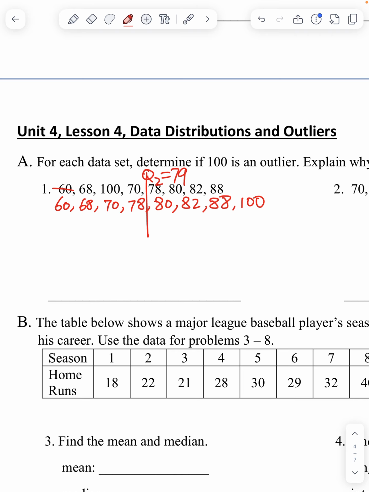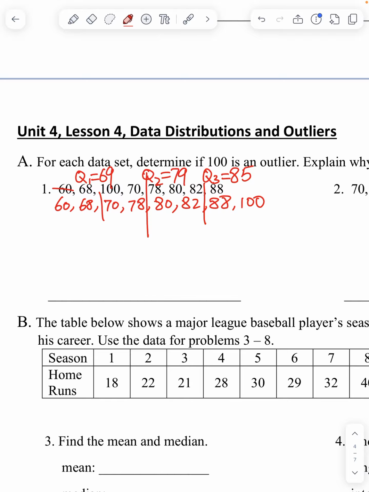So 69 is Q1. So Q1 equals 69. And then for the upper median, which is Q3, I need to average these 2 numbers. So if I add 82 and 88 together, divided by 2, Q3 equals 85.